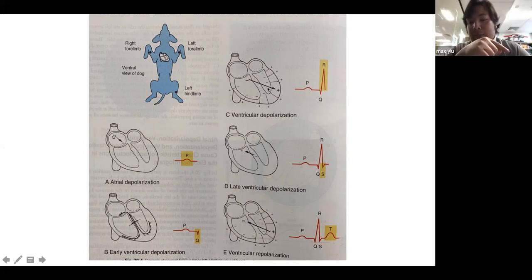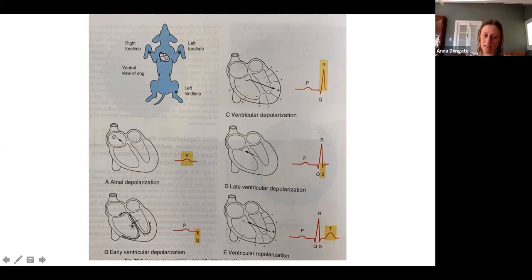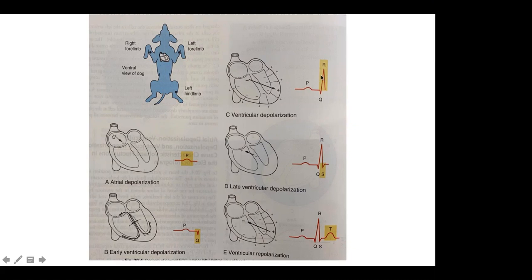So it's the depolarization from the left side of the septum to the right side that creates a negative. Okay. Right. And then when it actually causes the contraction of the ventricular muscle, we get that big positive. So when the bulk of the contraction is in the bottom, and then when that contraction spreads to the top of the ventricle, we see that deflection.